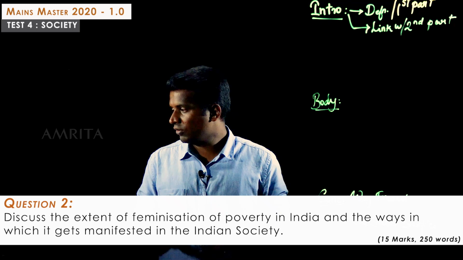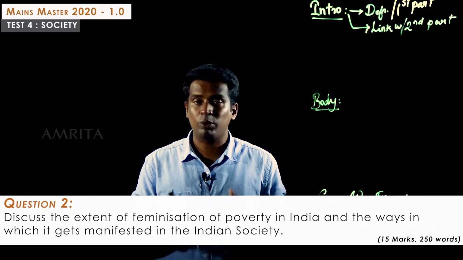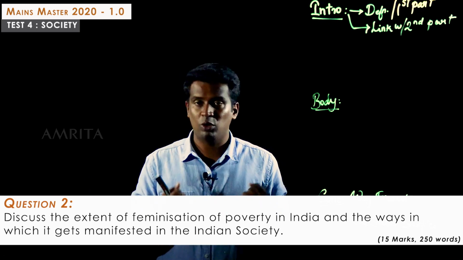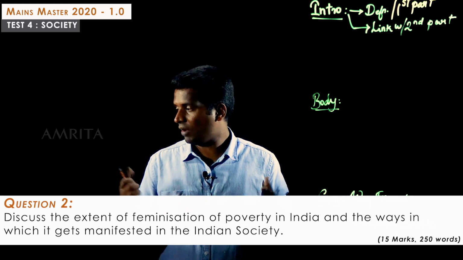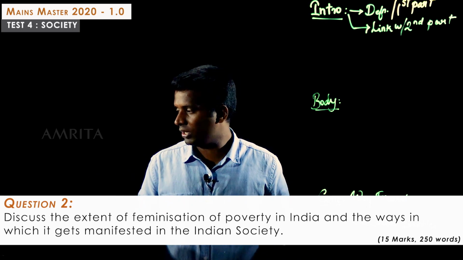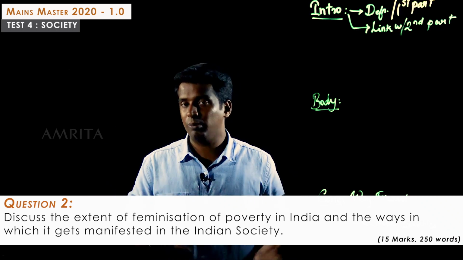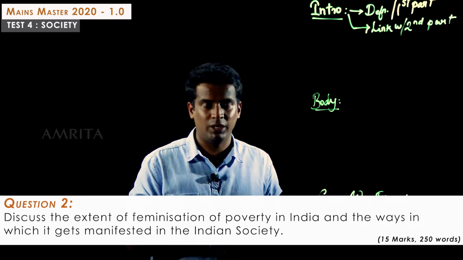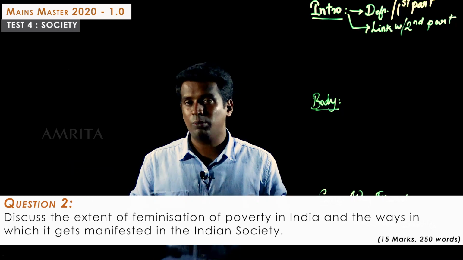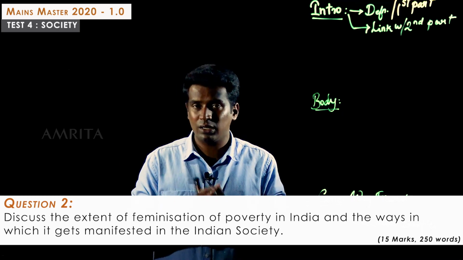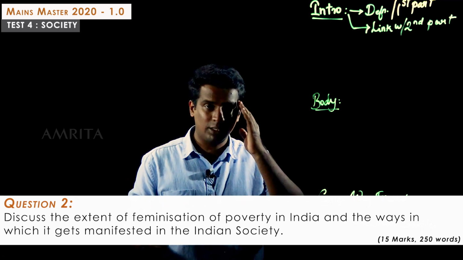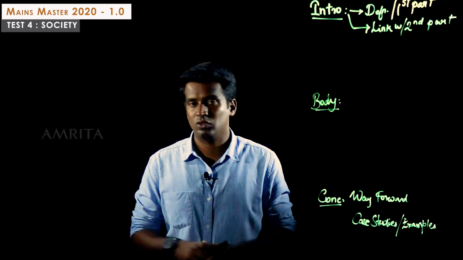Or you can say that feminization of poverty means a growing proportion of women among those below the poverty line. Or you can say that women have fewer livelihood opportunities than men. As a result, their source of income is minimal, and this leads to poverty impacting women more than men. I've given three points. Look at them, create your own working definition, and keep that in mind with regard to what feminization of poverty is.